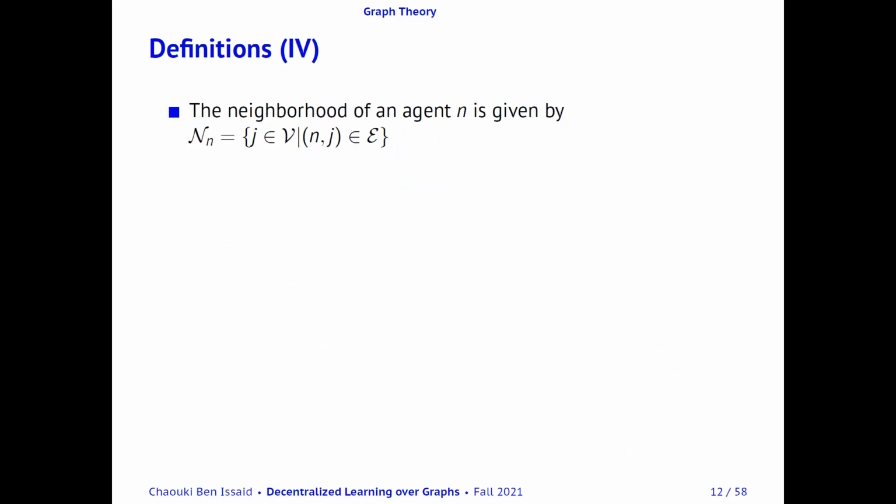We define the neighborhood of a vertex n, capital N small n, as the set of vertices g such that there is an edge between n and g. The degree of vertex n is simply the cardinality of its neighborhood, that is, the number of its neighbors.